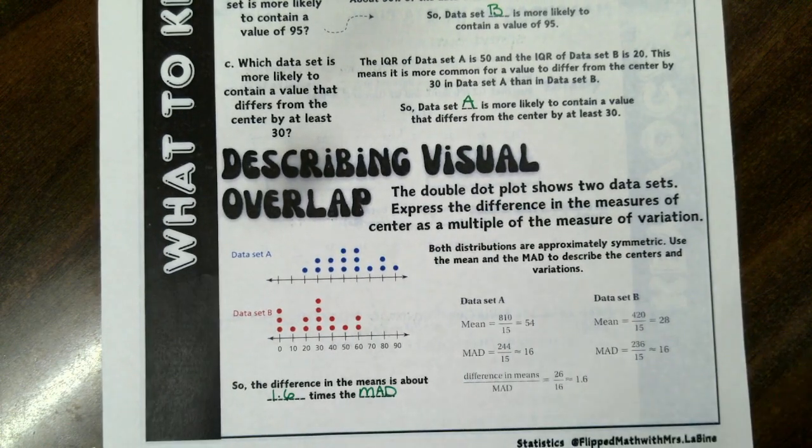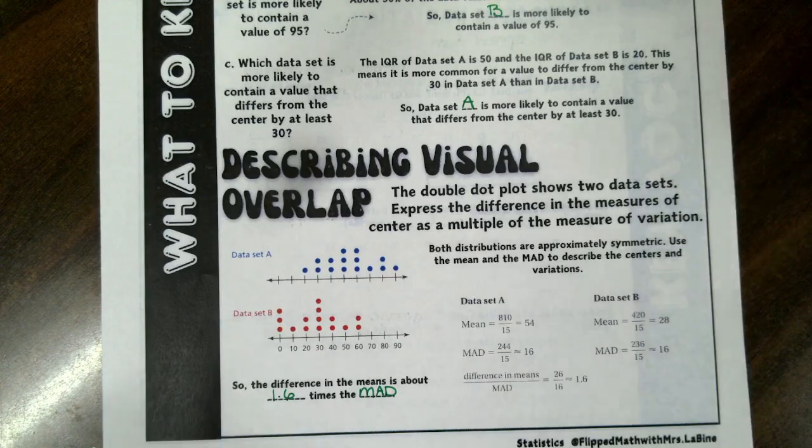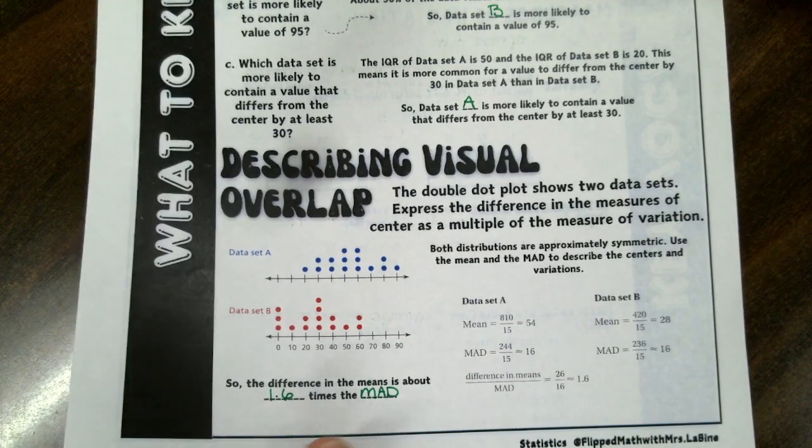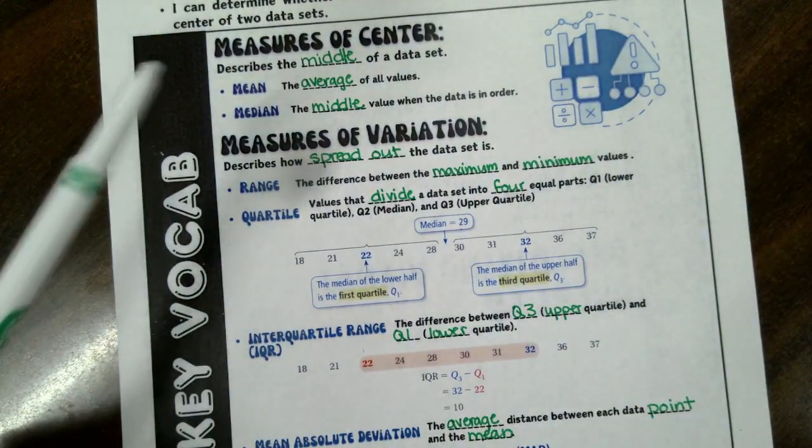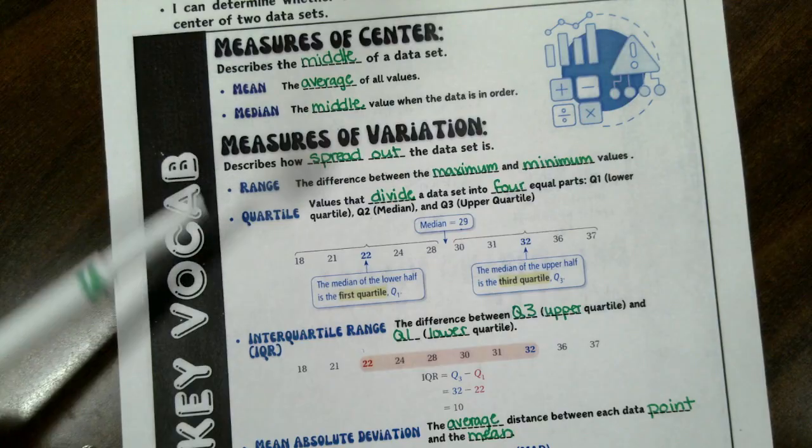Okay, you're going to be trying problems like this on your classwork. I am going to give you multiple sheets because I want to make sure that you understand measures of center and measures of variation.